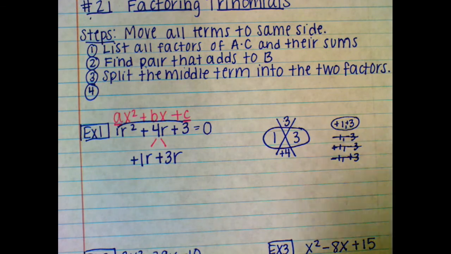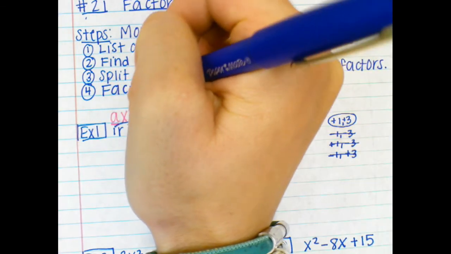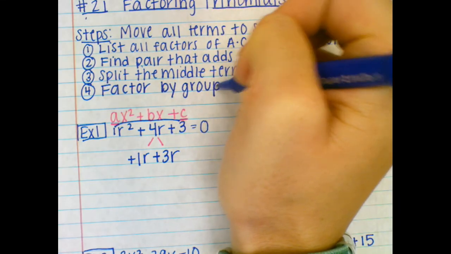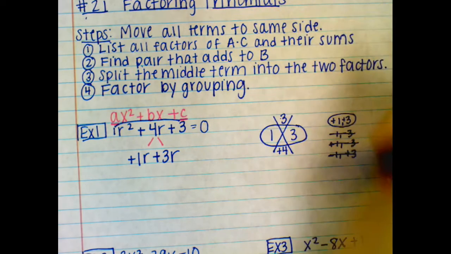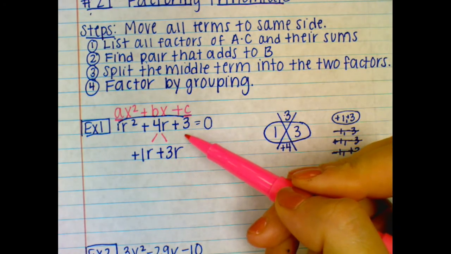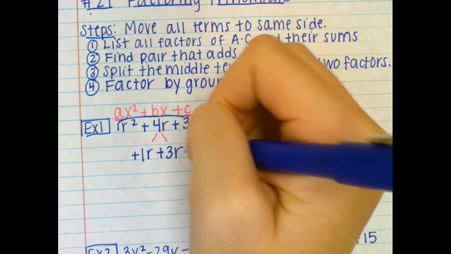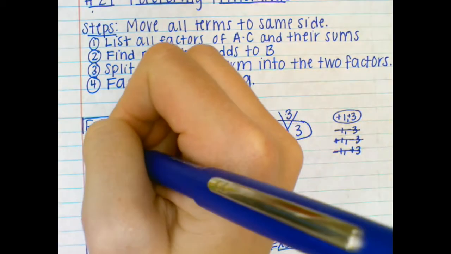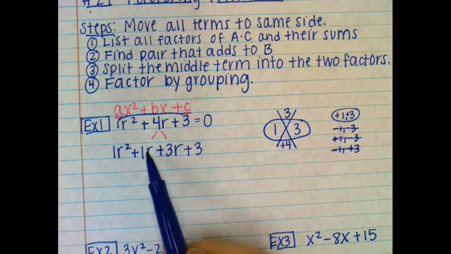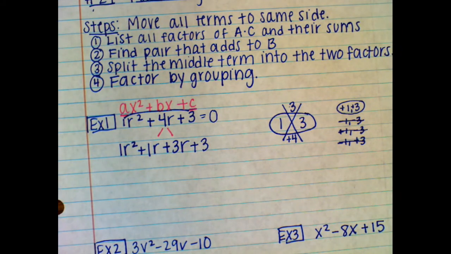And our last step is going to be to factor by grouping. Well, if you remember, factor by grouping, we needed 4 terms. Well, I just split this into 2, and I still have this plus 3 here, and I still have this 1r squared here. So now if I look, I have 1, 2, 3, 4 terms. So this is just like lesson 21.